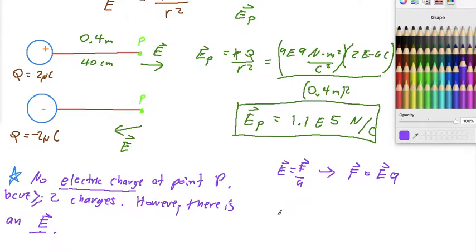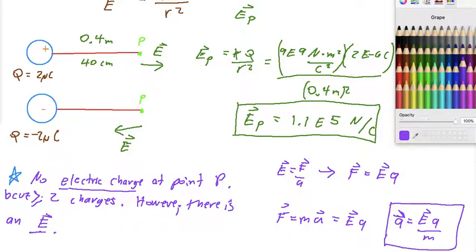But then also remember what we know about force from classical mechanics. Force equals ma, right? But it also equals electric field times charge. So from here you can find the acceleration of any particle if you know the electric field, the charge, and the mass of it.